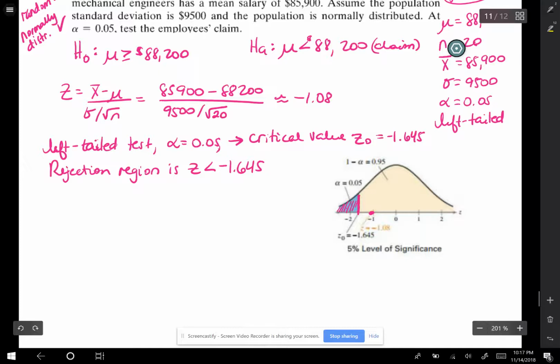So based on this, and I'm going to go ahead and write this, kind of put all this together. So z equals negative 1.08, and that is not in the rejection region.